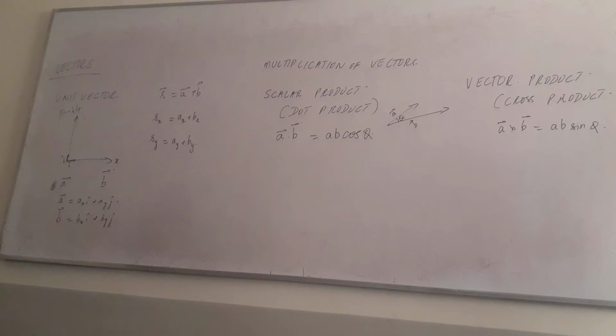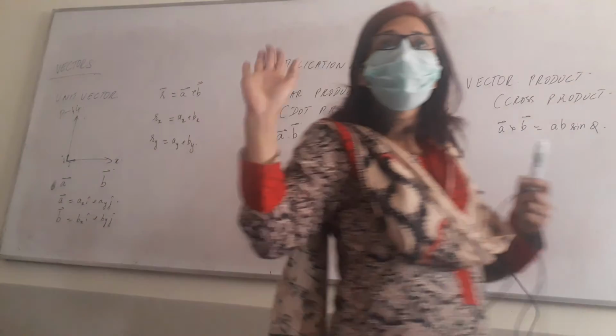You curl your fingers starting from the first vector A towards the second vector B, and then your thumb represents the direction of the resultant vector. So if A is here and B is here, you will go like this, but if A is here and B is here, you will go like this. But you have to use your right hand.